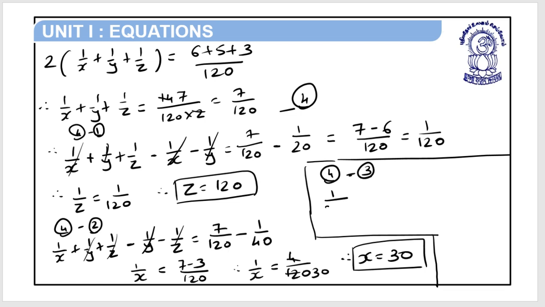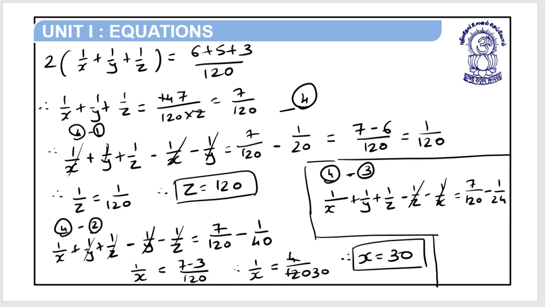So 1 upon x plus 1 upon y plus 1 upon z minus 1 upon z minus 1 upon x is equal to 7 upon 120 minus 1 upon 24. 24 5s are 120.